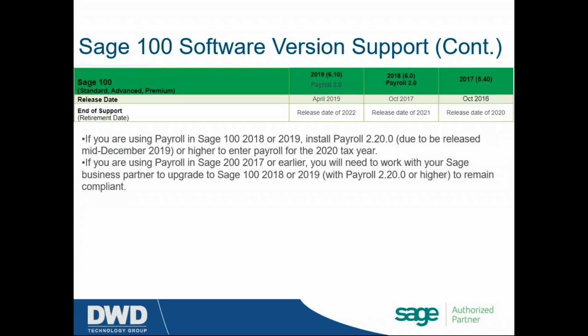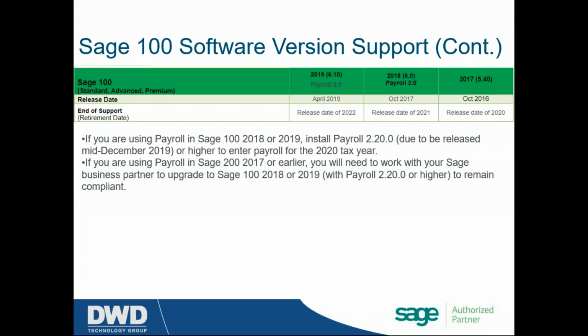And then, as I said, if you're on 2017 or earlier, you should start the process with whoever you work with. And again, we are happy to work with you to get to 2018 or 2019, so that we can, in fact, start including that information that's going to be on that new W-4. But as I said, it does not have to be by January 1st.